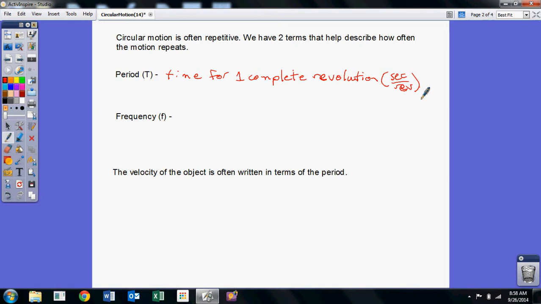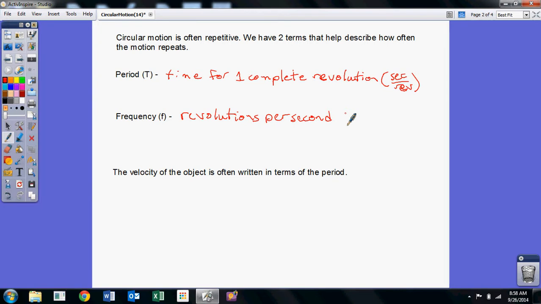The frequency is basically the number of revolutions per second. So if you think about it, frequency is how often does it happen? Well, it happens 10 times a second, or it makes 3 circles per second.